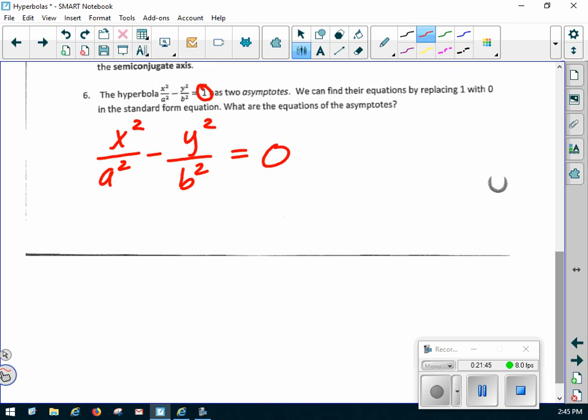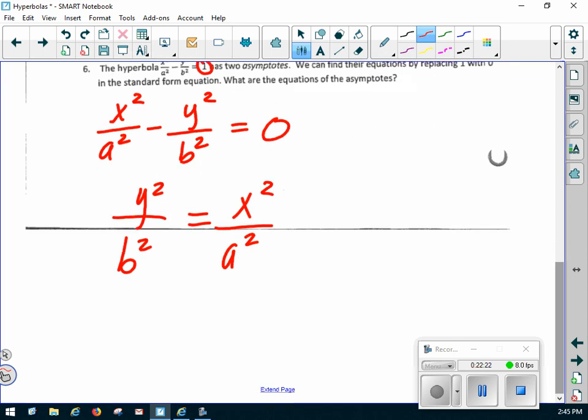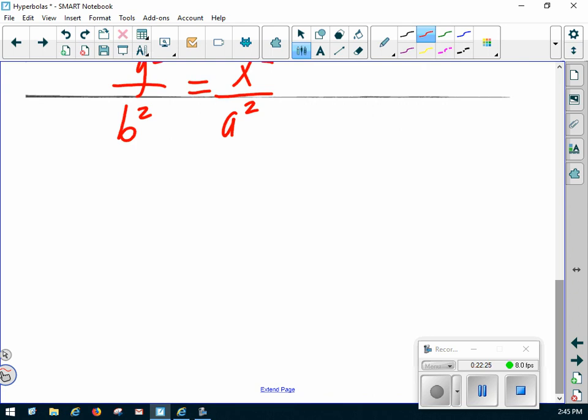I heard move x over. I can do that. Or I could move the y stuff, couldn't I? Would it matter? I'm going to have y squared over b squared equals x squared over a squared, correct? If I subtracted x squared over a squared, then I'd divide both sides by -1. Or essentially, I just added y squared over b squared to both sides. How do I make that say y equals?